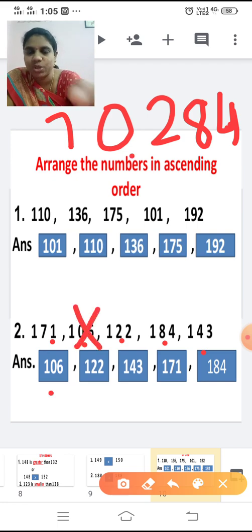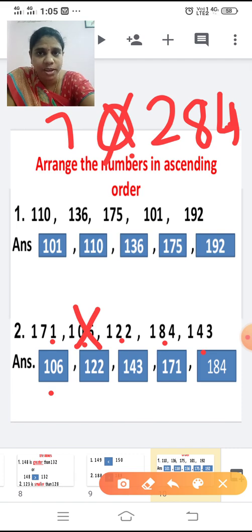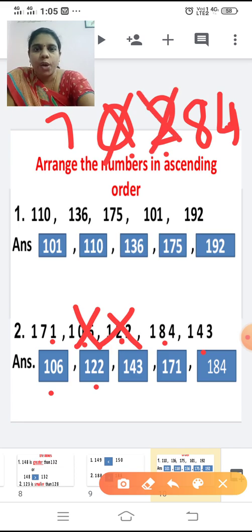So cancel 106 and write it below. 106 is the smallest number. Then out of these 4, which is smaller? 2. Very good. So write 122. Strike it 122. Write it below. Next. Out of 7, 8, 4, which is smaller among these 3? 4.